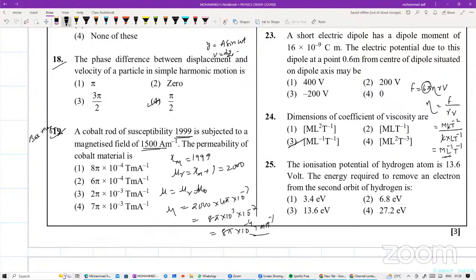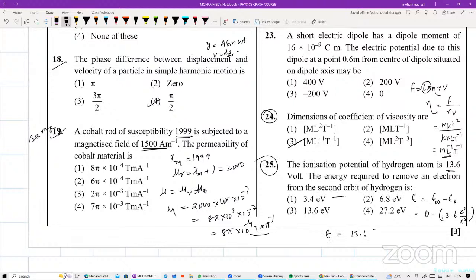The ionization potential of hydrogen atom is 13.6 volt. The energy required to remove an electron from the second orbit of hydrogen atom will be equal to how much? कोई कर सकता है इसको? Ionization energy required to remove an electron is from infinity to nth orbit, isn't it? Infinity के पास energy कितनी रहती है बेटा? 0. So energy का फॉर्मूला आ गया मेरे पास, E is equal to 13.6 z square divided by n square.